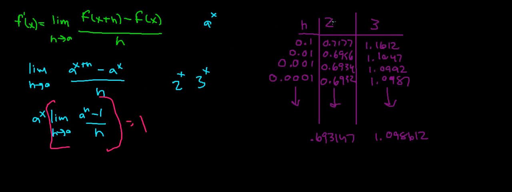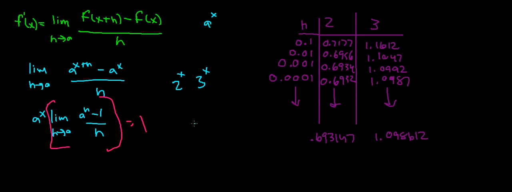Since the limit for 2 approaches 0.69 and the limit for 3 approaches 1.09, then logically there should be some number in there for which the limit as h approaches 0 will be equal to 1, and that is what the number e is. I can't remember what it's equal to, but it's some irrational number.